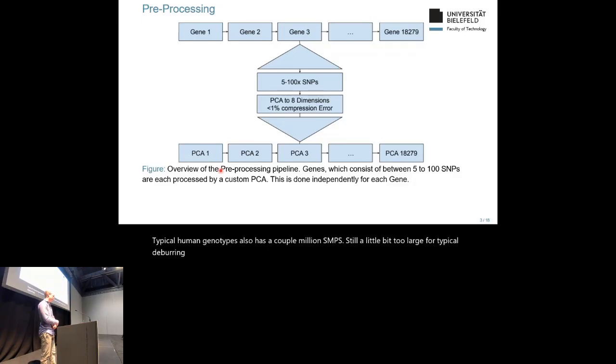This was compressed using PCA with very little error. These SNPs are very interdependent, so we can compress them quite nicely without much information loss. This is the type of data we actually worked on, just to clarify.